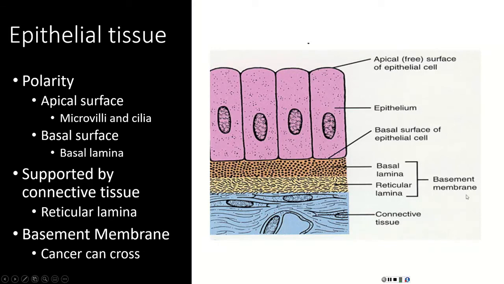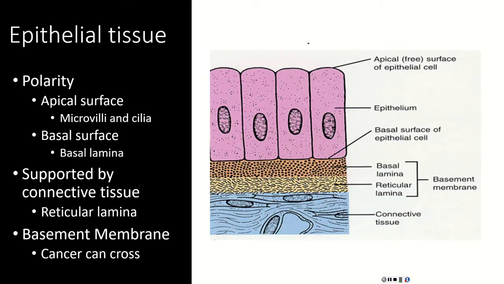So the basement membrane helps to hold the epithelial tissue in place. But in addition to that, the basement membrane acts as a barrier. Since this epithelial tissue is exposed either to the environment or various cavities of the body, there could be things that might cross the epithelial layer. And we don't want it to be able to get to the rest of the body. So the basement membrane acts as a barrier, as a wall, to prevent things from crossing.